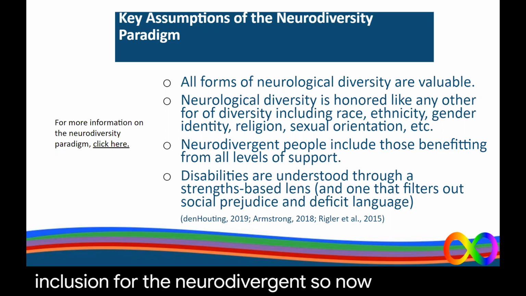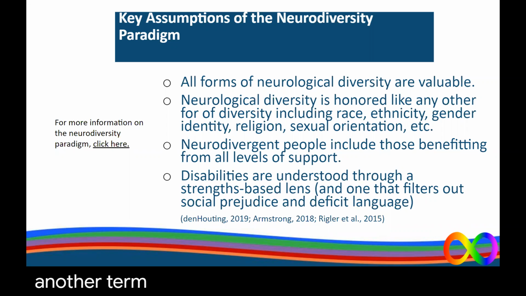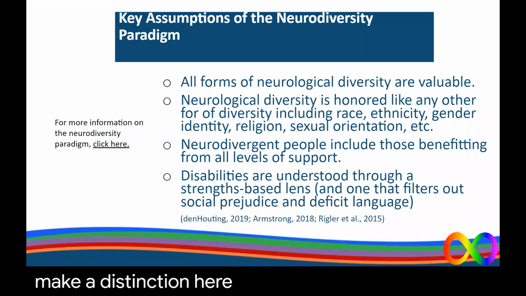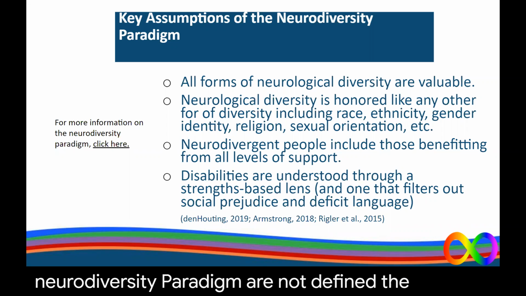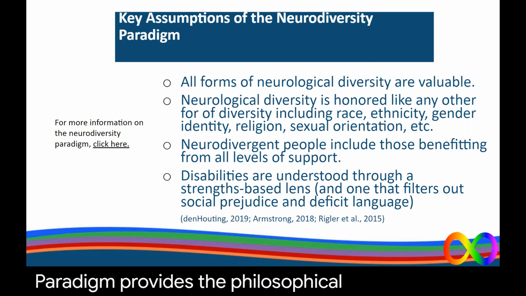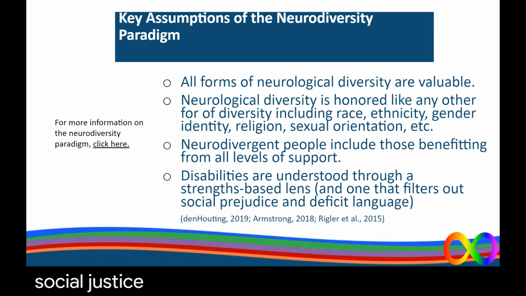So now let's add another term, the neurodiversity paradigm. And let me make a distinction here that neurodiversity and the neurodiversity paradigm are not defined the same. While neurodiversity is a fact, the neurodiversity paradigm provides the philosophical foundation for social justice activism.